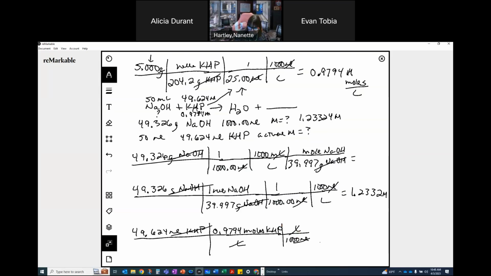Once I have moles of KHP, I know from this balanced equation that 1 mole of KHP is required to react with 1 mole of NaOH. So that'll get me the moles of NaOH. And to get a molarity, I need to divide by the volume. So it's 1 over the 50 milliliters, and I can't remember how many sig figs that was.